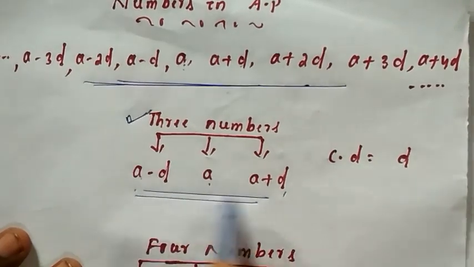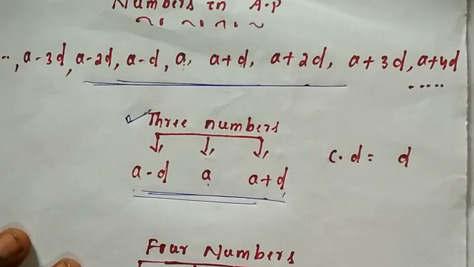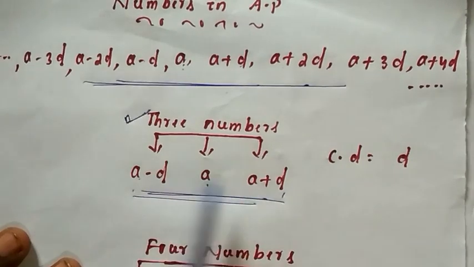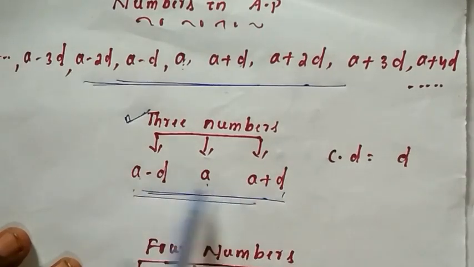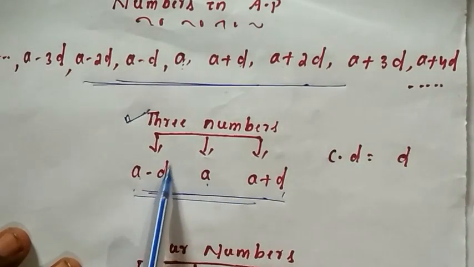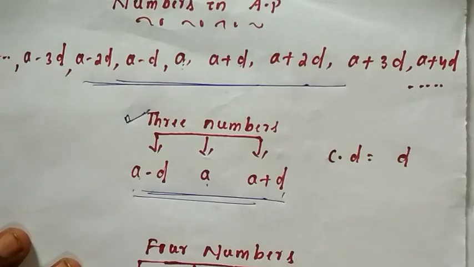These are the 3 numbers you have to select in AP for our convenient use. One plus sign, one minus sign, if you take at a time, according to the condition. In some cases, if given the 3 terms you have to add, easily we can cancel and eliminate d.